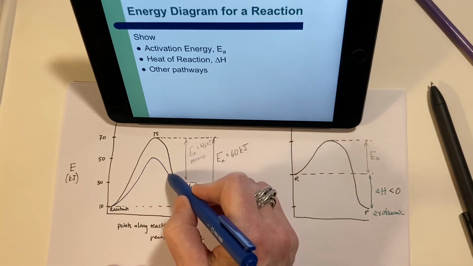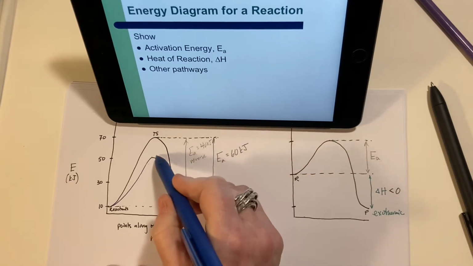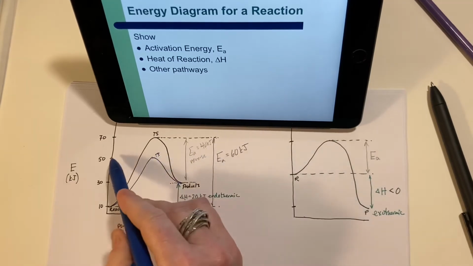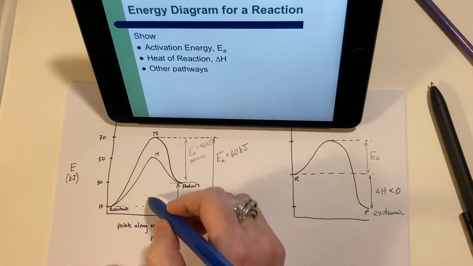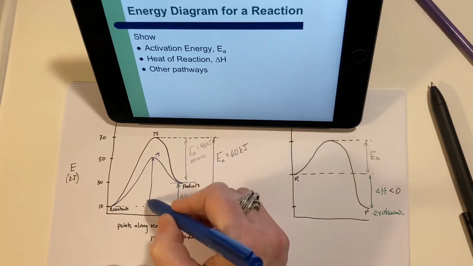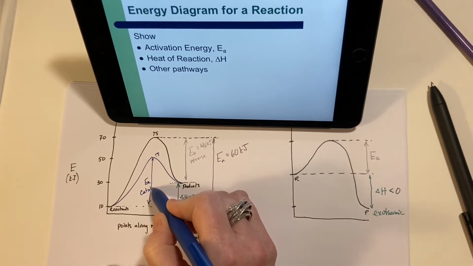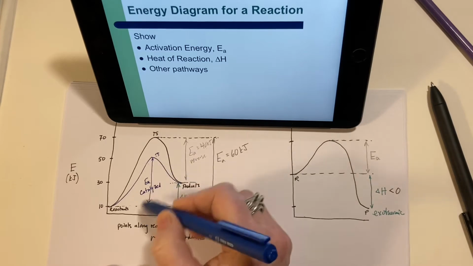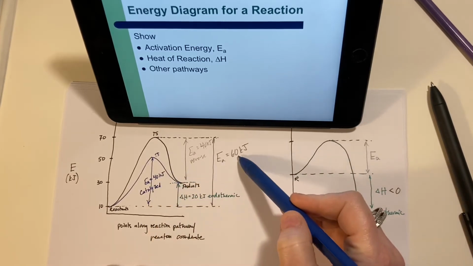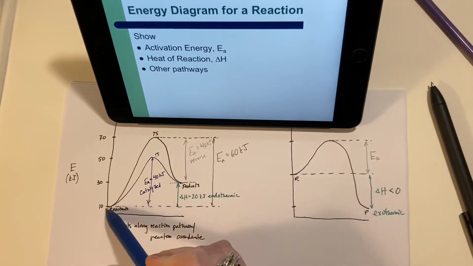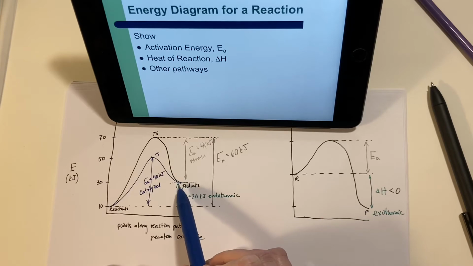Let's say I'm sketching in a pathway here where the high point, this transition state, only gets up to about 50 compared to the 10 we start with. So in that case, the activation energy of the catalyzed pathway is just 40 compared to 60. In the forward direction, this catalyzed pathway definitely is a little bit easier.